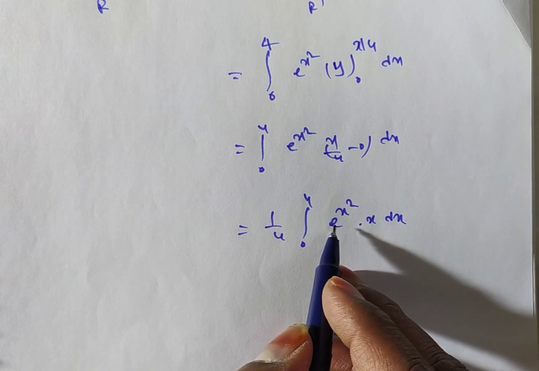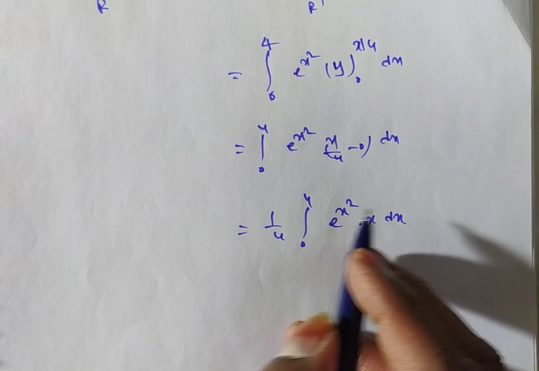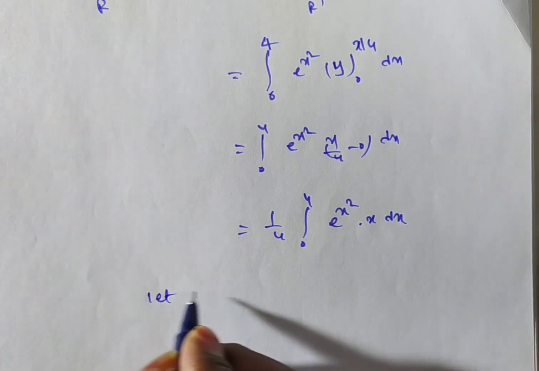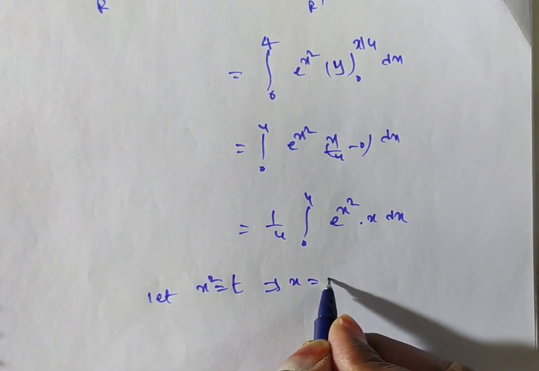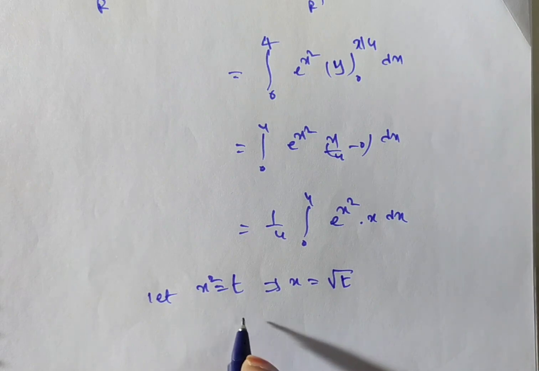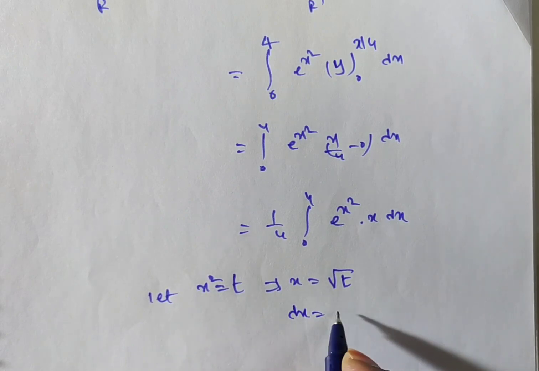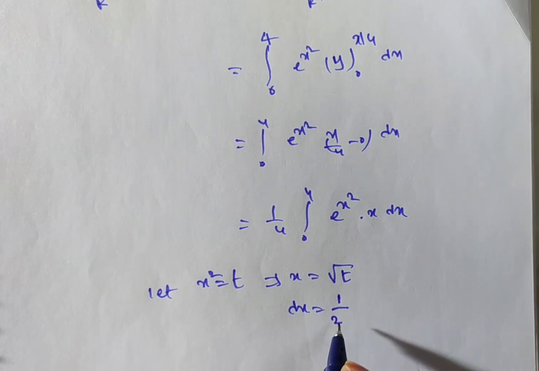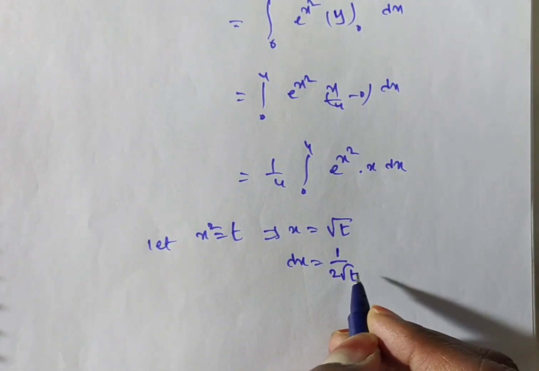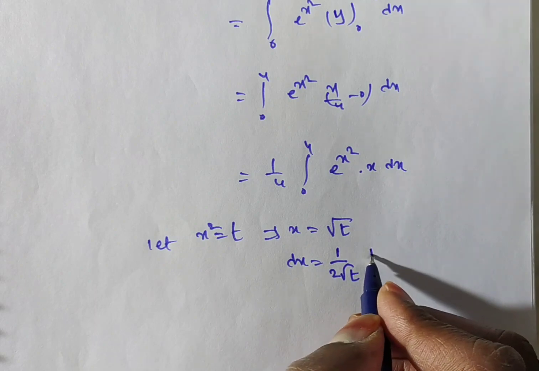So in this case, consider x square as a new variable. Let x square is equal to t. Now x square is equal to t means x is equal to root t. Then dx is the derivative of root t, which is 1 by 2 root t into dt.